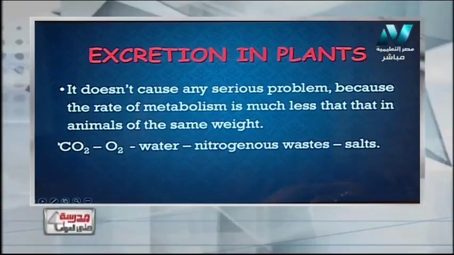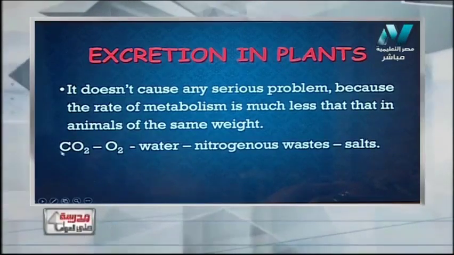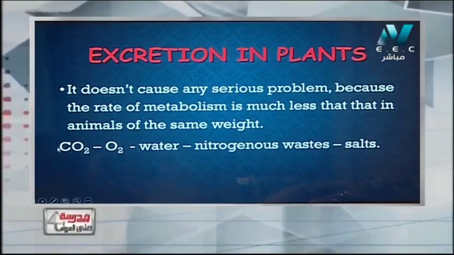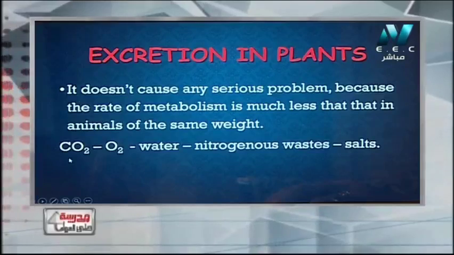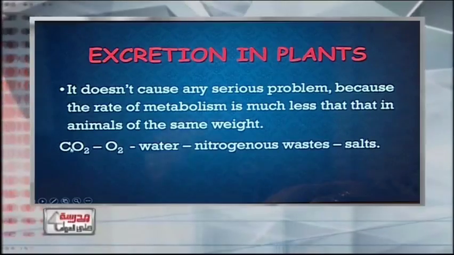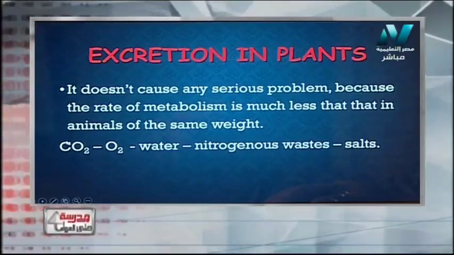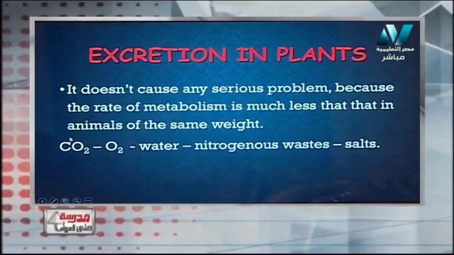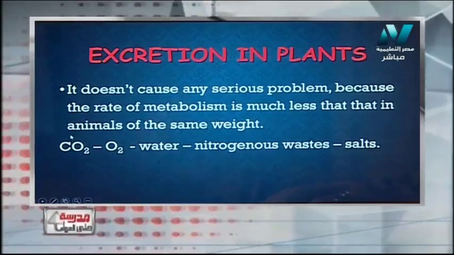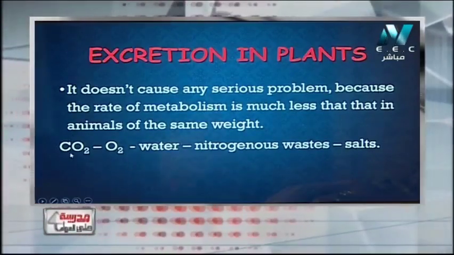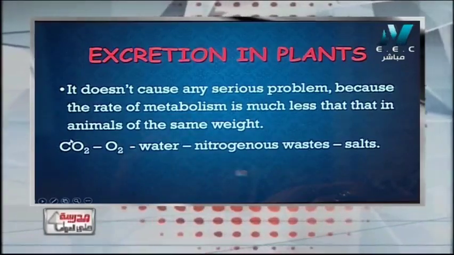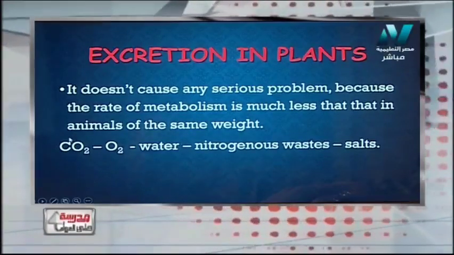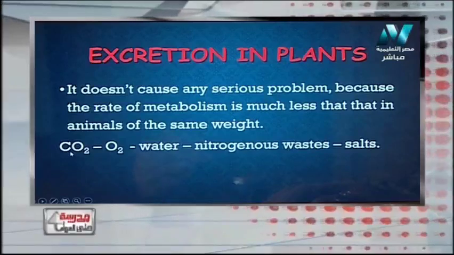Anyhow, the plant needs more carbon dioxide than it produces during respiration, because the rate of building up, the rate of anabolism, must be greater than the rate of catabolism. So the rate of photosynthesis must be more than the rate of respiration.